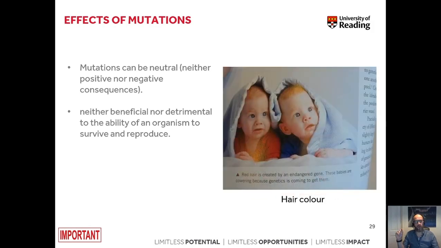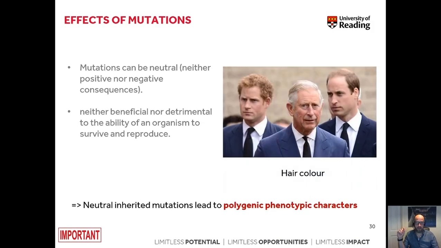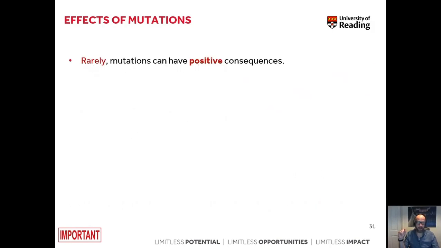Finally, hair color is another example of a neutral mutation. Neutral mutations lead to polygenic phenotypic characters, and this is actually something you can see on daily basis. We have different forms of earlobes, hair color, eye color, and those mutations usually don't have any consequences on the carrier.